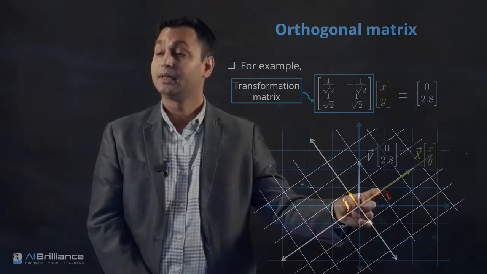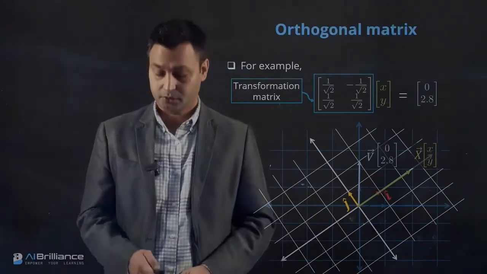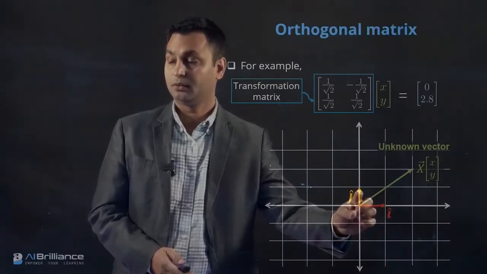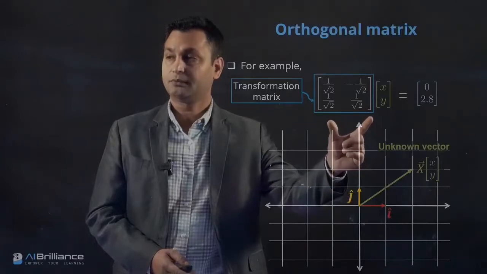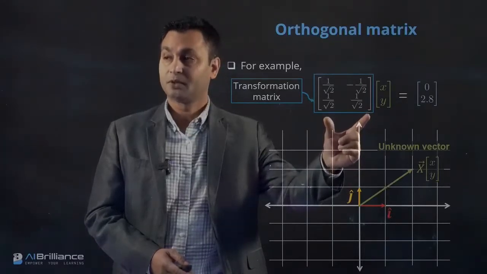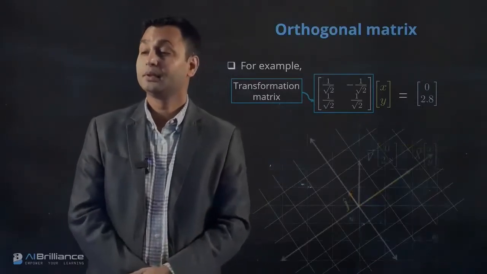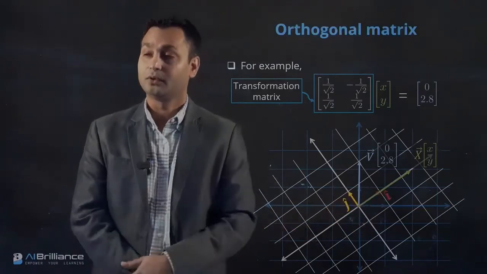They are still exactly the same dimension, and they are still perpendicular to each other. So if you look at previously, they are one unit, and they are perpendicular, and after transformation, multiplying with this orthonormal transformation matrix, what happens? They are still perpendicular to each other and they are of one unit length.